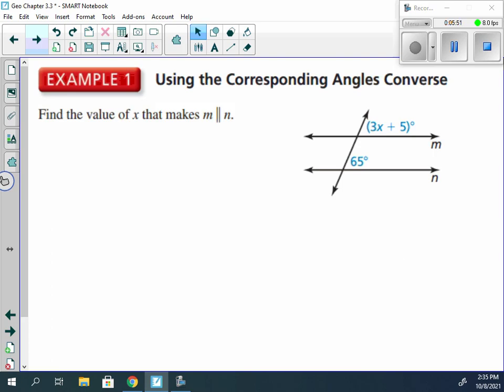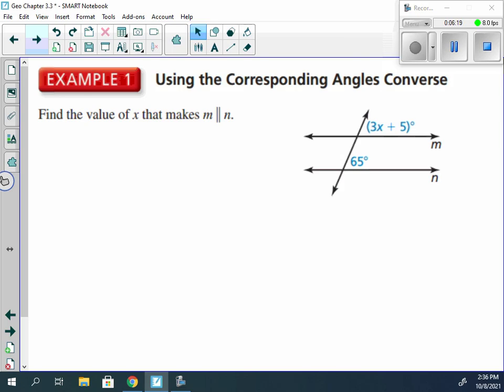So our first problem that we're looking at is asking us what value of x makes m parallel to n. What value of x is going to make these lines parallel to each other? Well, according to our corresponding angle converse, if these two angles, which are corresponding angles, are congruent to each other, then the lines are parallel.